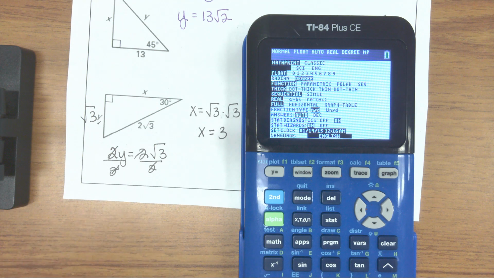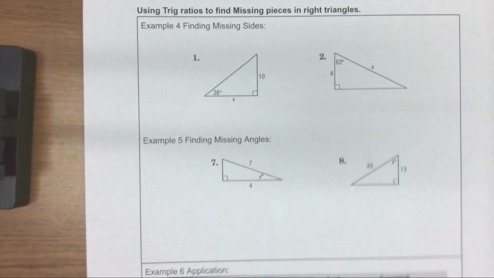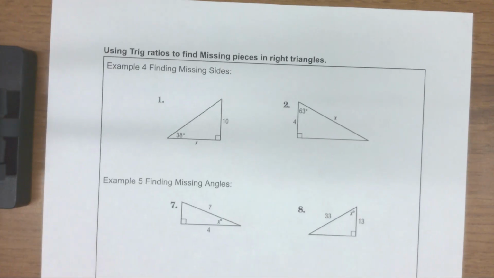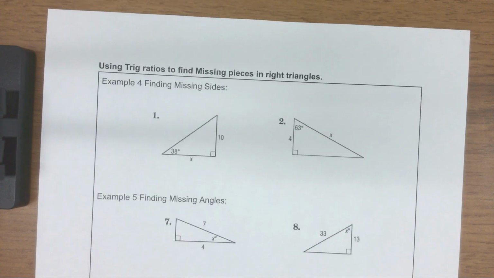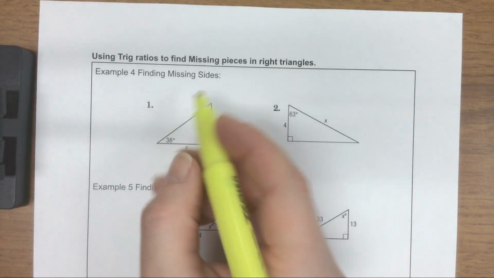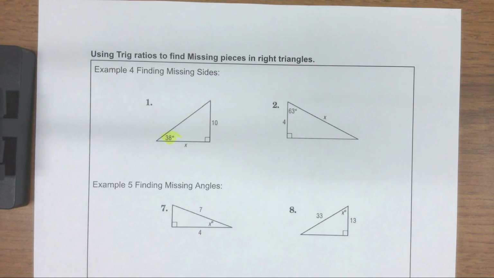So I think what I'm going to do, I put a lot of examples on here, is I'm going to show you one example of how to find missing sides, and then how to find a missing angle, and then we'll do one of the applications. So first of all, you're going to identify the angle that you're given. 38 degrees.